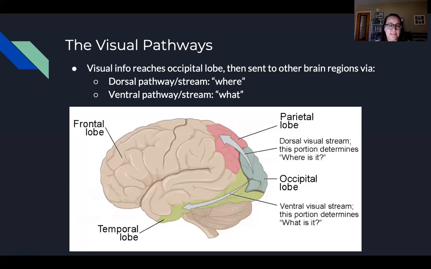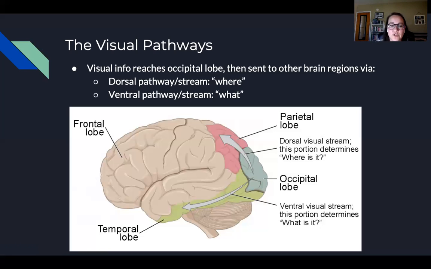So as an example, the dorsal stream is what allows me to determine exactly where my water bottle is on my desk, whereas the ventral stream is what allows me to recognize it as a water bottle. So I can look at it and name it, say, oh, that's a water bottle.